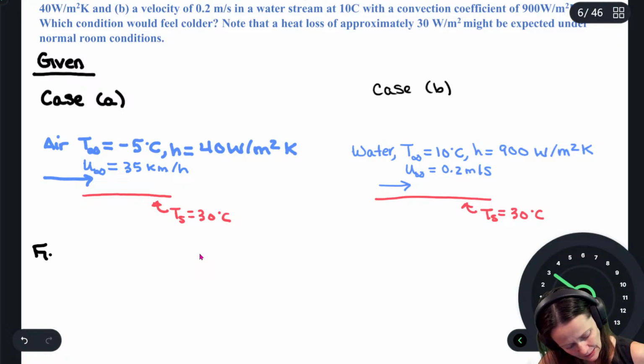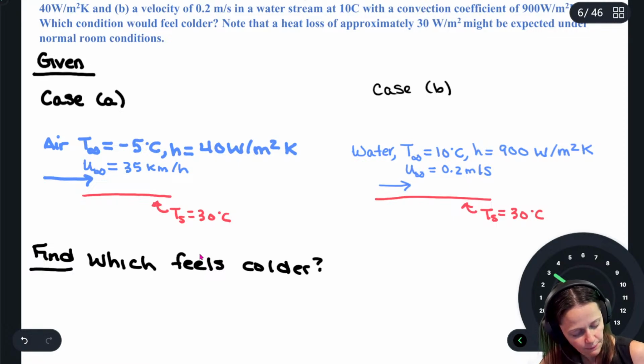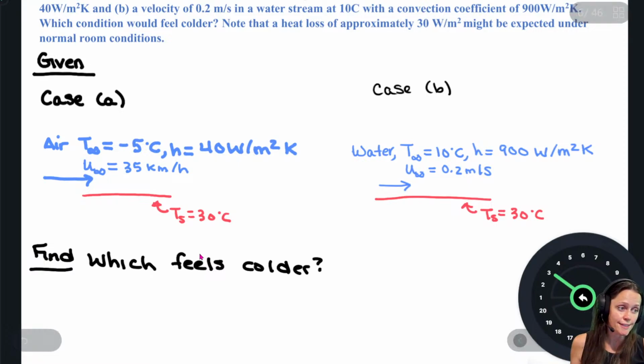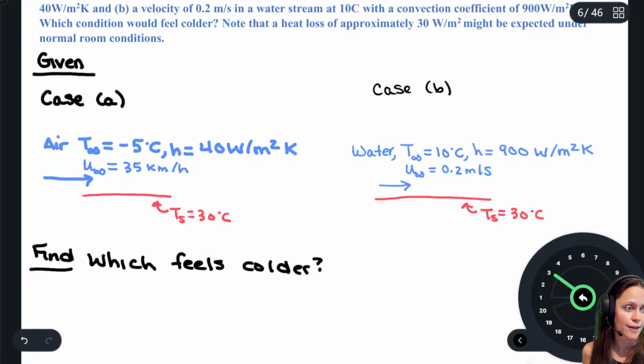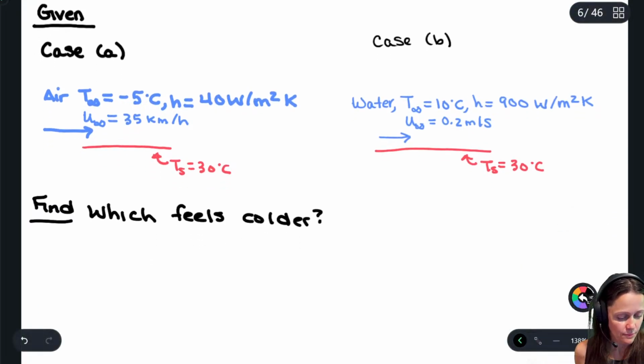So find which feels colder, case A or case B. The one that's going to feel colder is the one where heat's flowing away from your hand faster, the one where the heat transfer rate is higher.